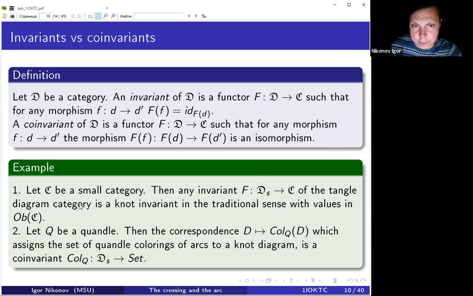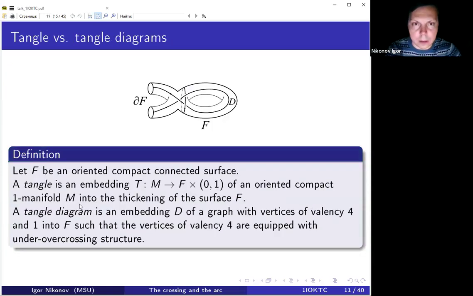And now let us define the category of node diagrams. In fact, I will consider tangles in a thickened surface.